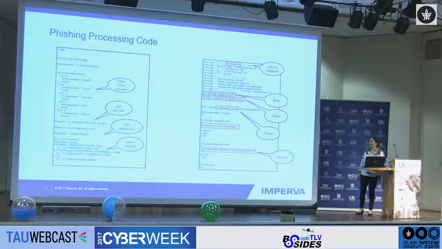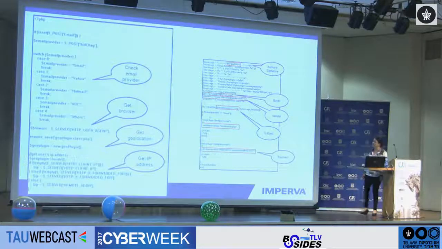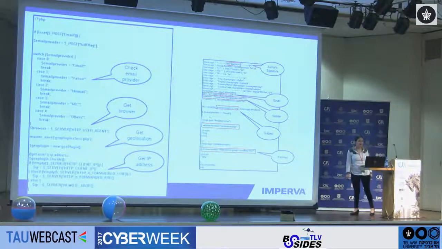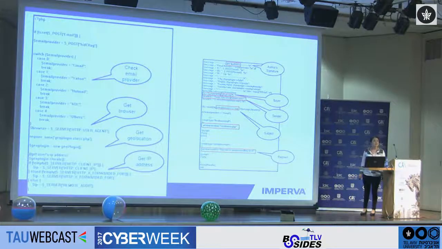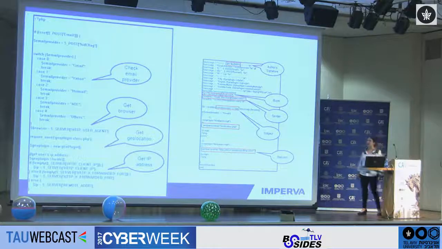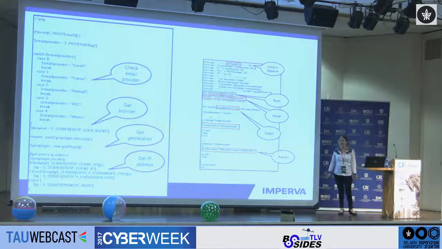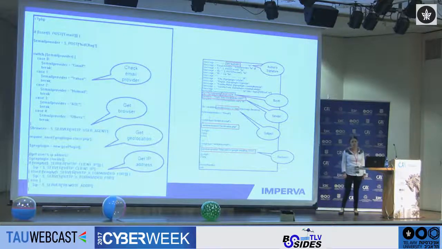The following is the processing code of Google Docs. The first part checks which email provider was selected by the victim. Then it retrieves victim details such as browser and IP address, and using the IP address it resolves the geolocation of the victim.